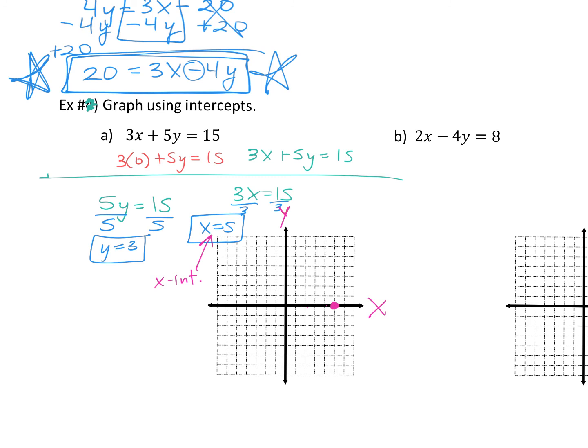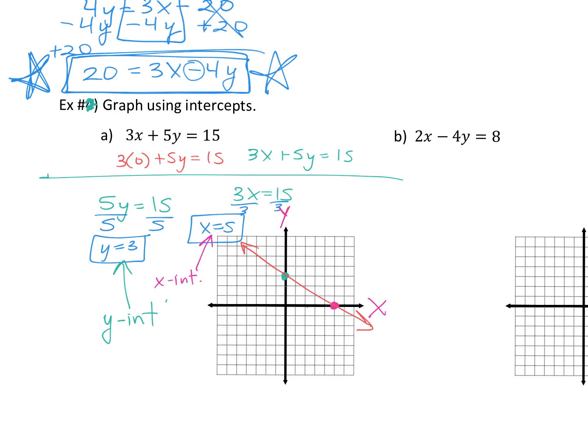This one is your y-intercept. Where am I going to plot that 3? Up 3. 1, 2, 3. Right there, okay? That's your y-intercept. Now all you have to do, draw your line in. This is your graph, okay?